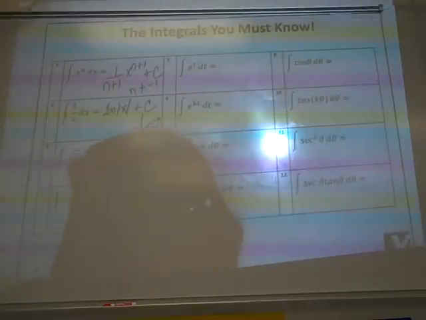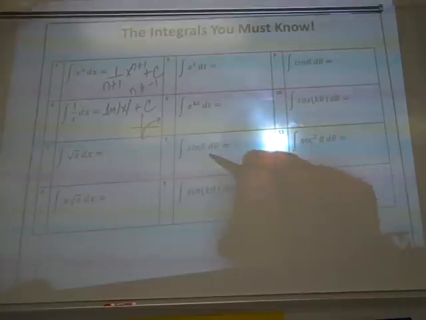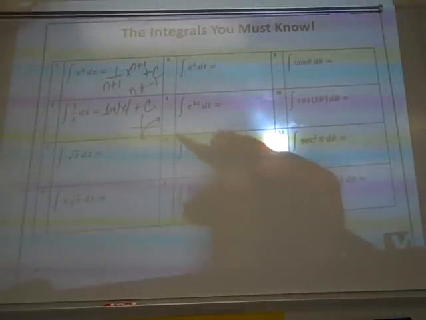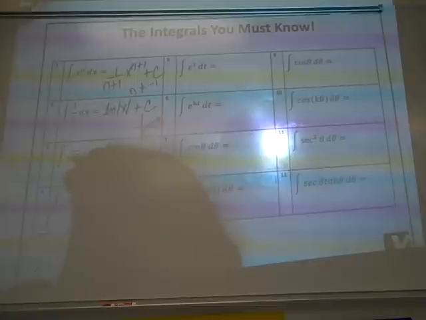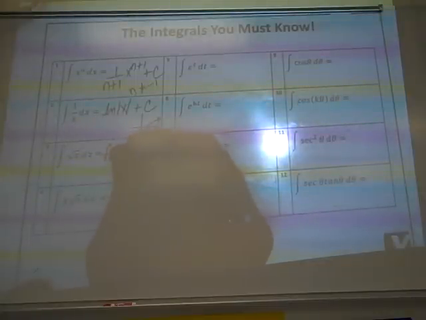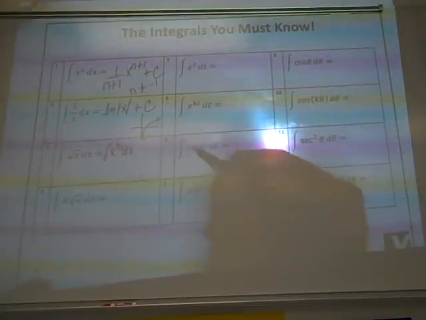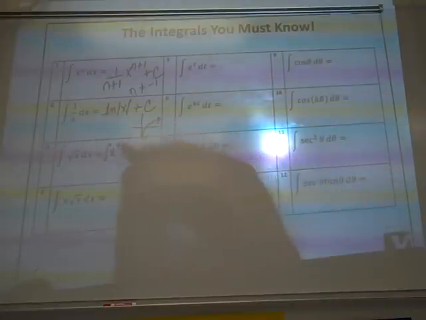The indefinite integral of the square root of x dx. When we first came across this it caused some problems, but we've gotten pretty good. We know that the square root of x can be rewritten as x to the 1/2 dx. Because this is now x to a power, we're going back to rule number 1 here.